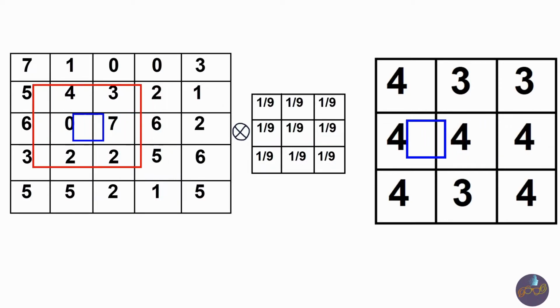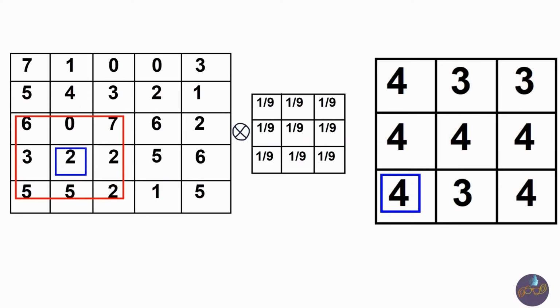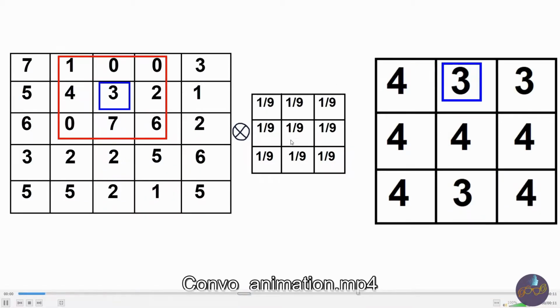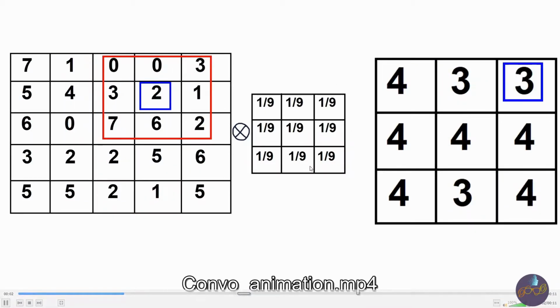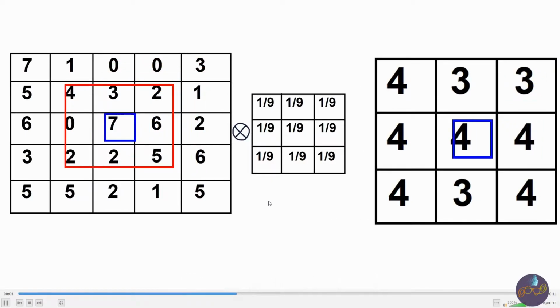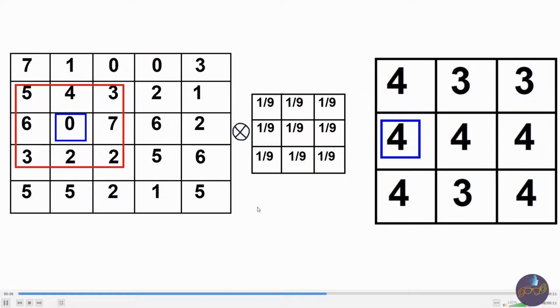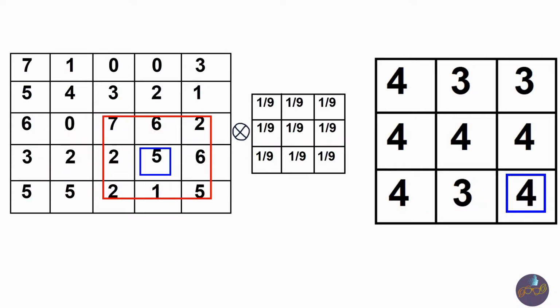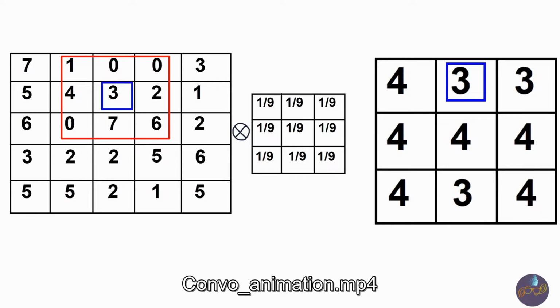Okay, now if the kernel is of size m cross m and all values are 1 divided by its total size, like here 1 by 9, or if all values in a 5 cross 5 matrix are 1 by 25, then it is called normalized or normal mean filtering.